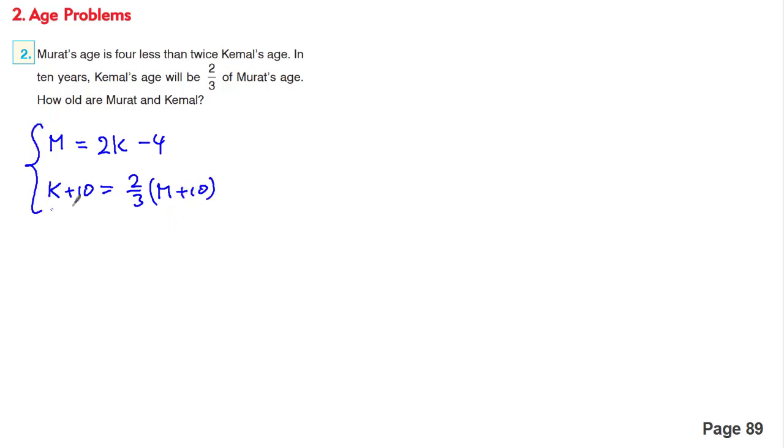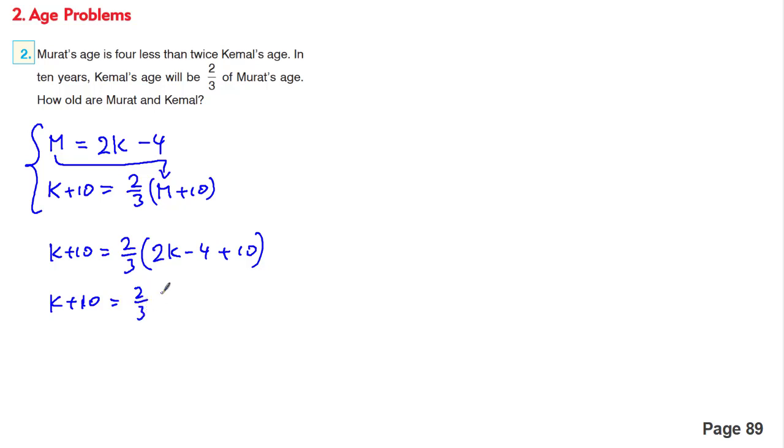Again, this is a system. We can use the substitution method here. Substitute here. So what do you get? You get k plus 10 is 2 over 3, and now instead of m, we can use 2k minus 4 plus 10. So the rest is just solving this linear equation with one unknown. So it's 2k plus 6.